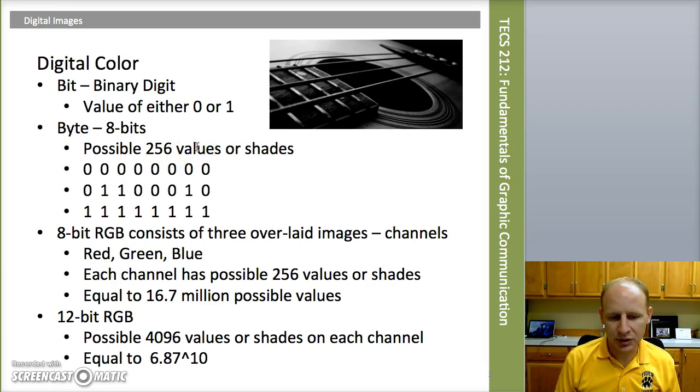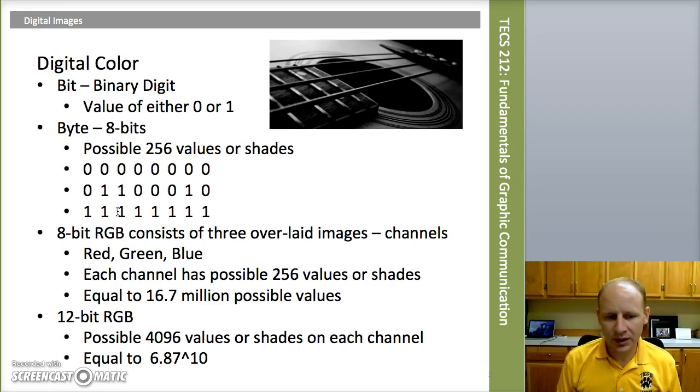And we get that, if you look here as an example, with an 8-bit image we have 8 units here, and each one of those units can be either a 0 or 1 because it's a digital file. And so if all 8 of those are zeros, that's going to be the color black, whereas if all of the units are 1, then that color is going to be white.